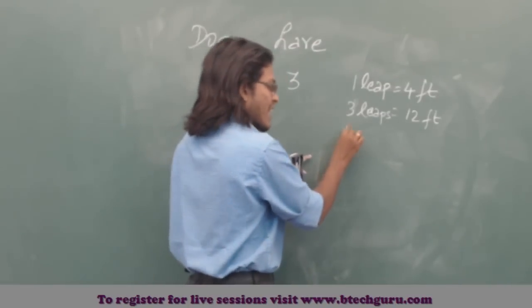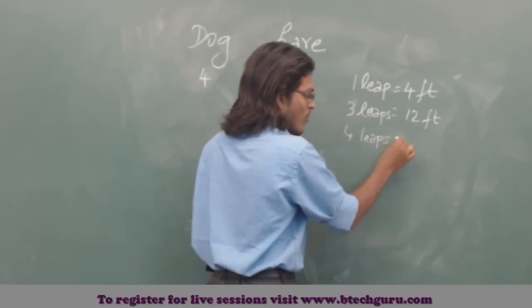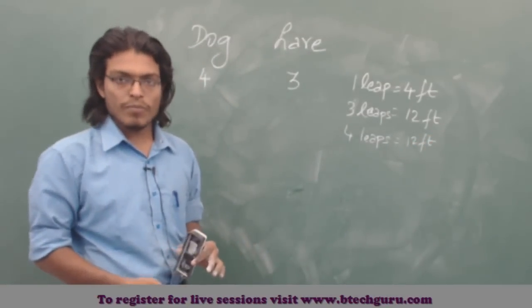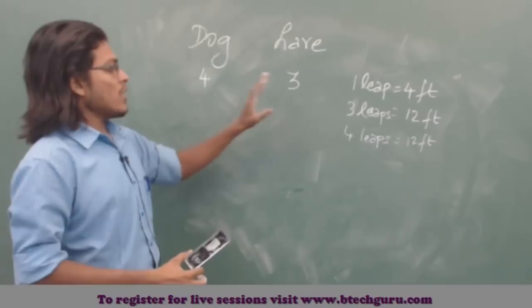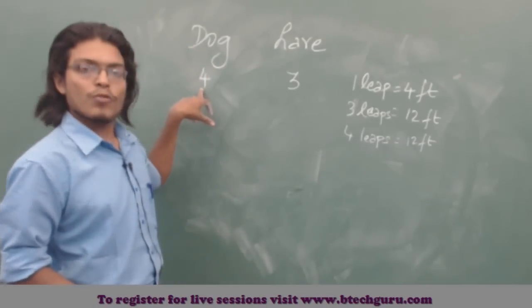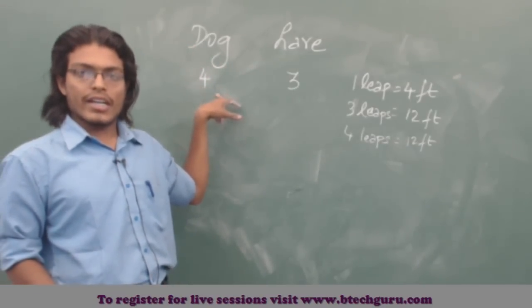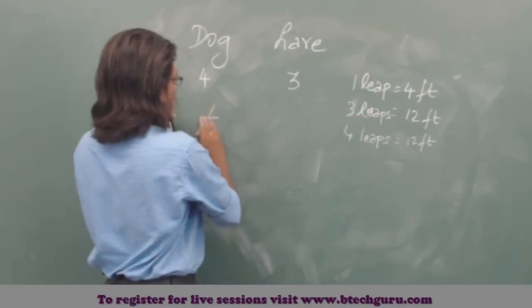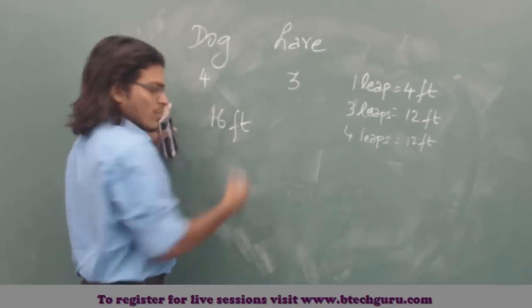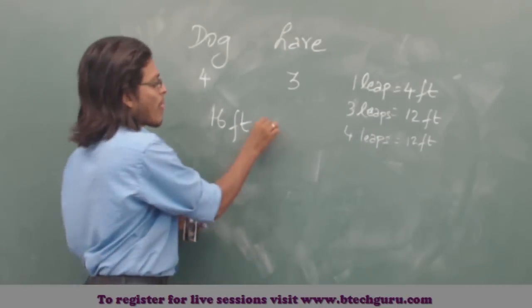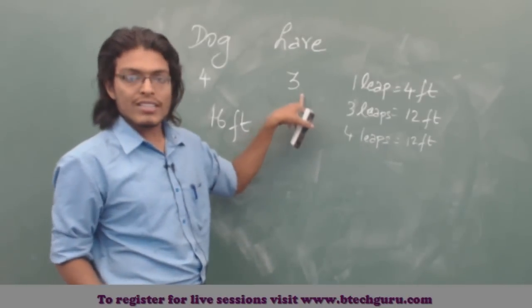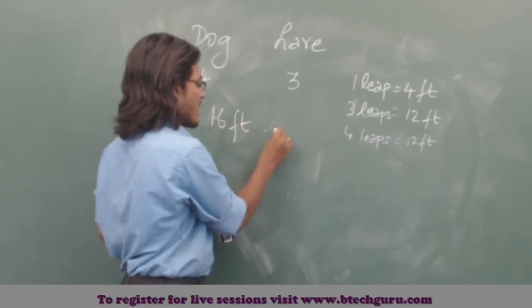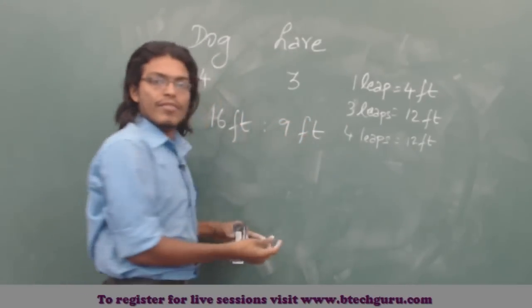For the hare, 4 leaps is equal to 12 feet. Right. Now, the dog takes 4 leaps. So what is the distance it travels? 3 leaps is 12 feet. So 4 leaps is 16 feet. Right. The hare, how many leaps does it take? 3 leaps. So its 1 leap is equal to 3 feet. So 3 leaps is equal to 9 feet.